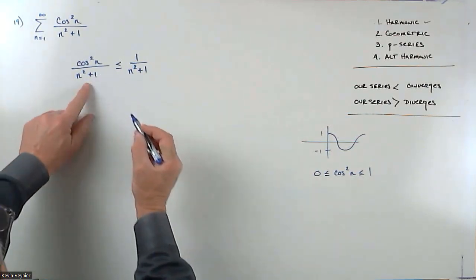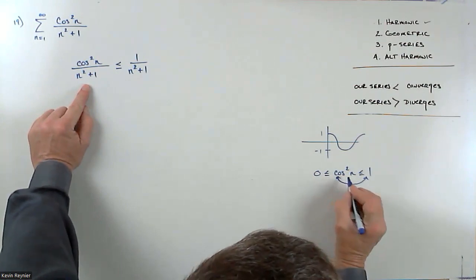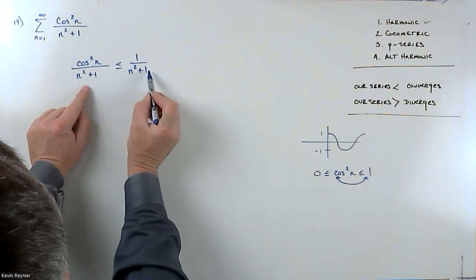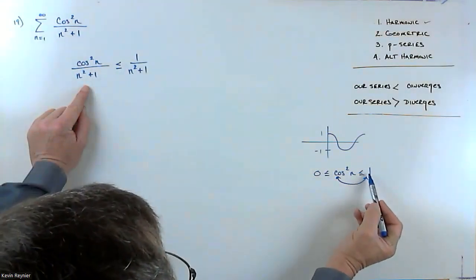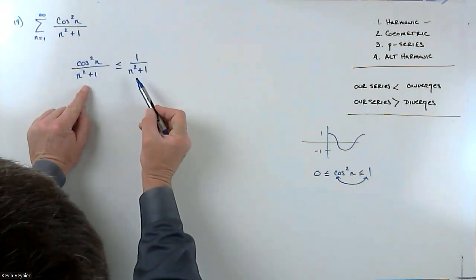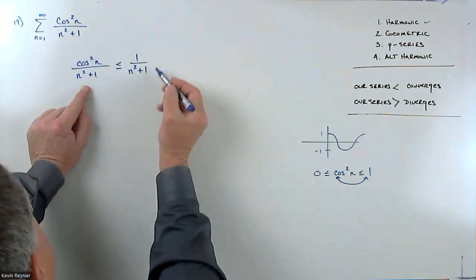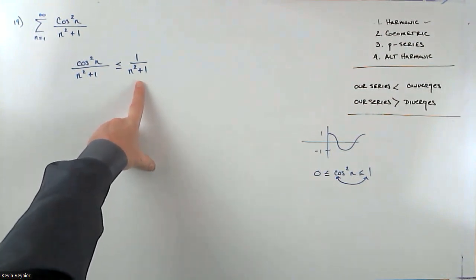Because cosine squared n is less than or equal to 1. So the denominator is the same. So since the numerator is less than or equal to 1, this fraction is less than or equal to this fraction. But this looks a lot like those problems 9 and 10 we took a look at. We've added something to the denominator.